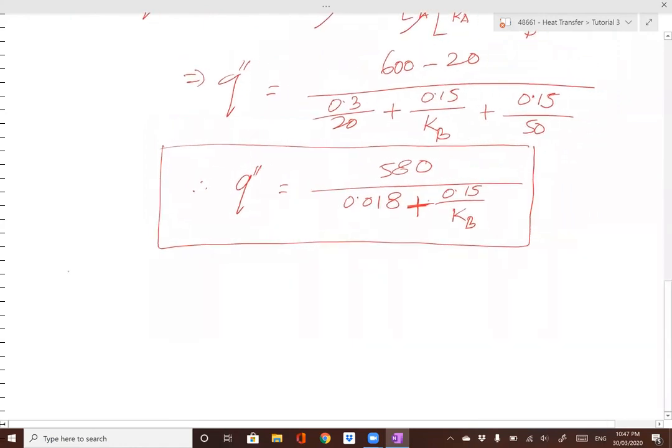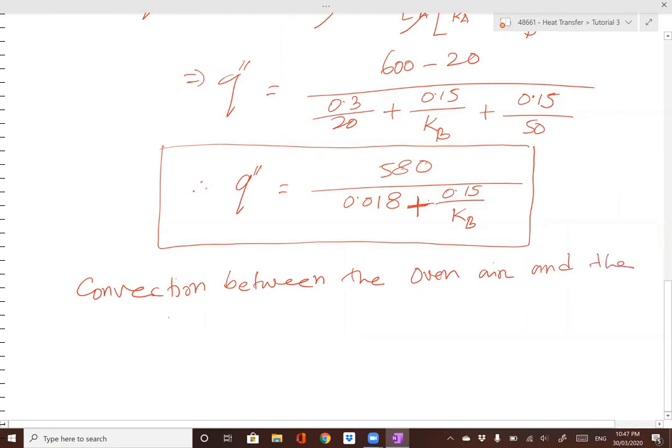The heat flux is the coefficient of convection times the oven air temperature minus the inner wall temperature.